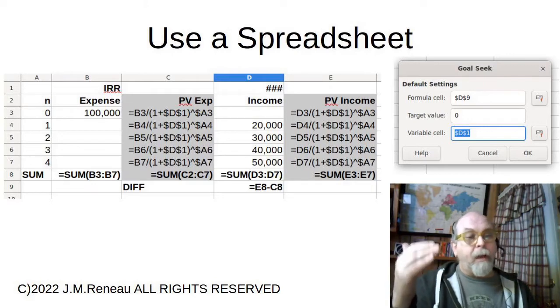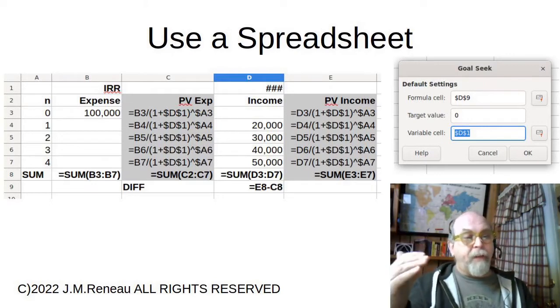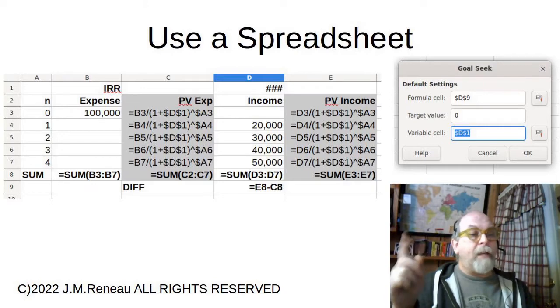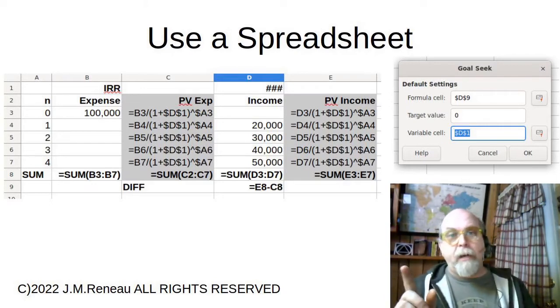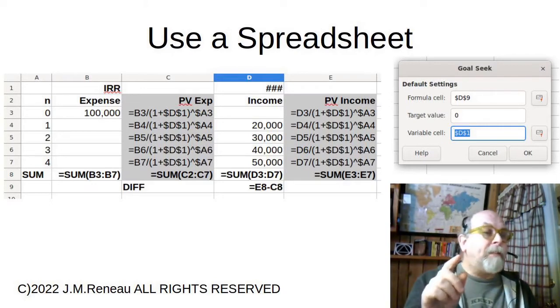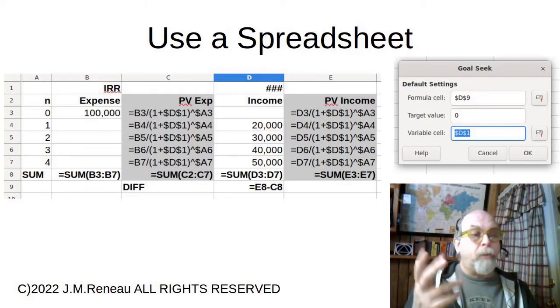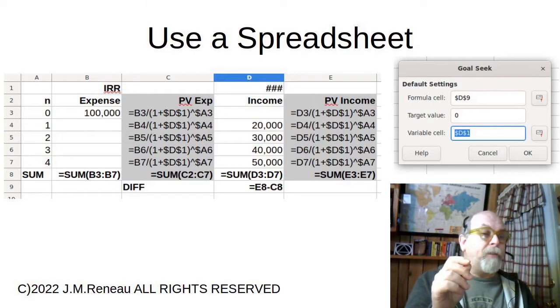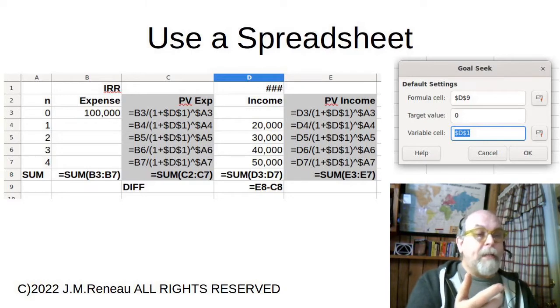You also see our incomes and then our present value of incomes all being calculated using the same interest rate, which is the rate in cell D1, which is going to be our internal rate of return. And we then calculate the difference between the income minus the expenses in cell D9.